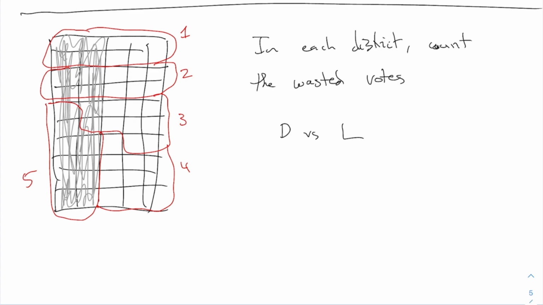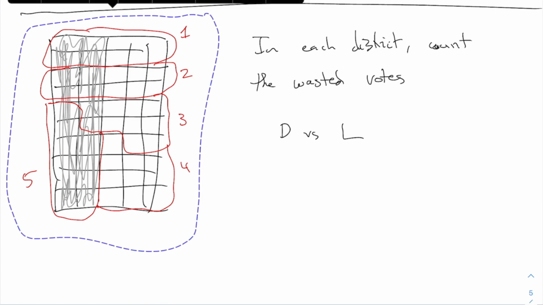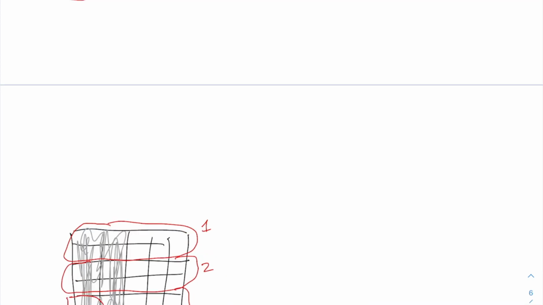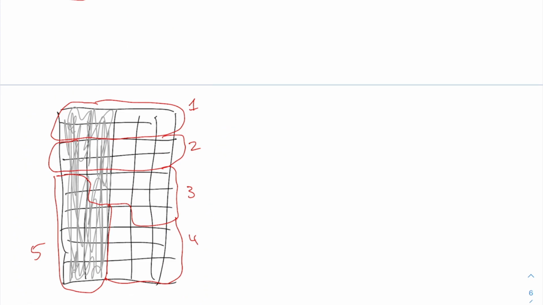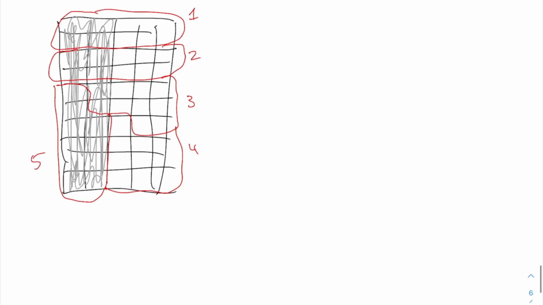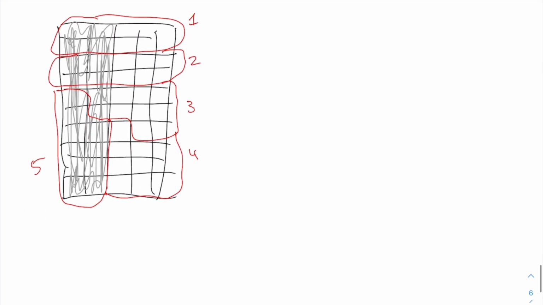In each district, I'm going to count how many were wasted every time. I'm going to do this by making a chart. Some of this you might be able to do without writing a big chart like I am, but we might as well. I'll bring this down here. I hope I can fit this without scrolling. So I'm going to make this chart.